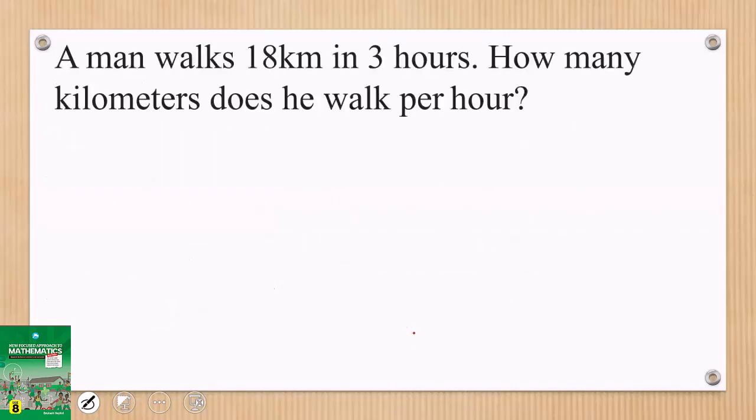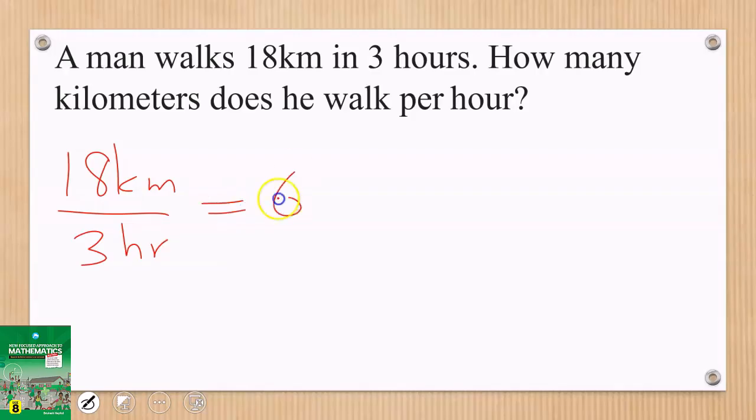A man walks 18 kilometers in 3 hours. So the whole 18 kilometers in 3 hours. How many kilometers does he walk per hour? So it means that if all things being equal he is using 3 hours to do 18 kilometers, then for us to get every hour of his movement, we can divide 18 by 3, which of course will give us 6.